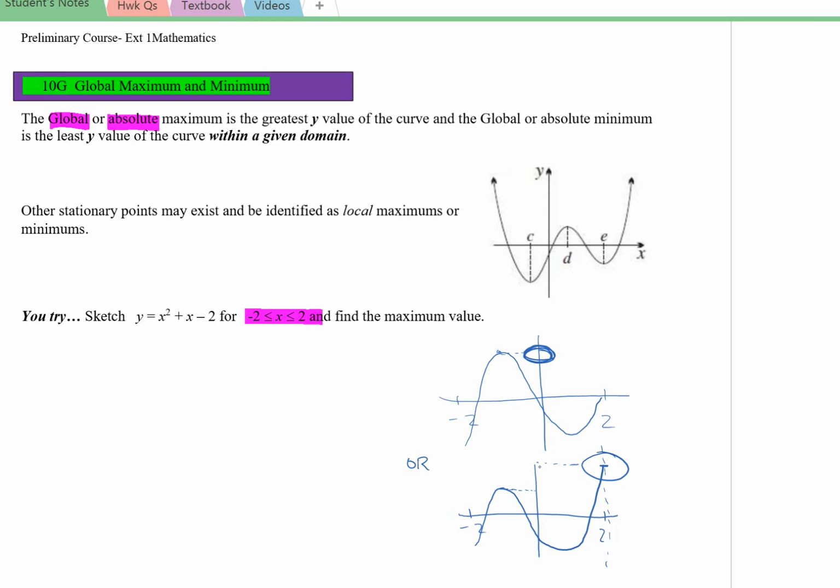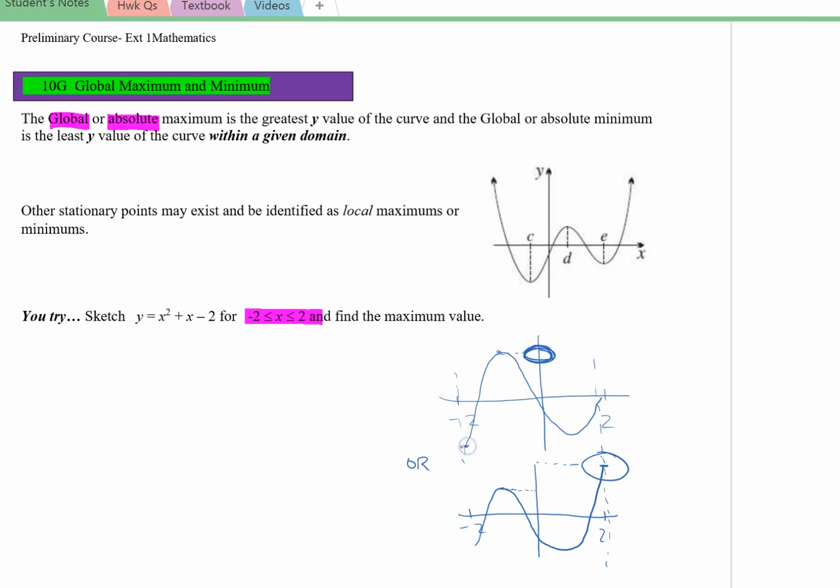So it's really important to calculate the y values at the endpoints, or the extremes of the domain.